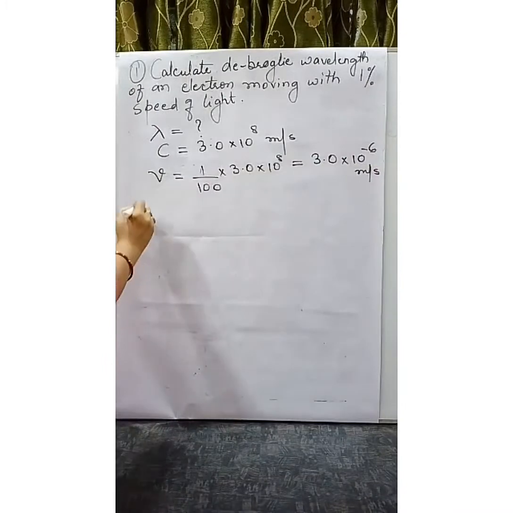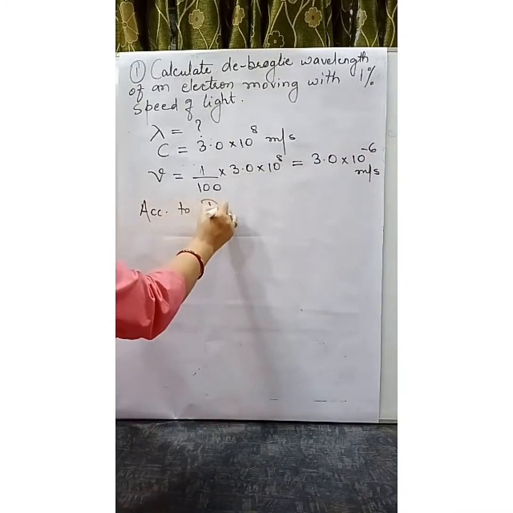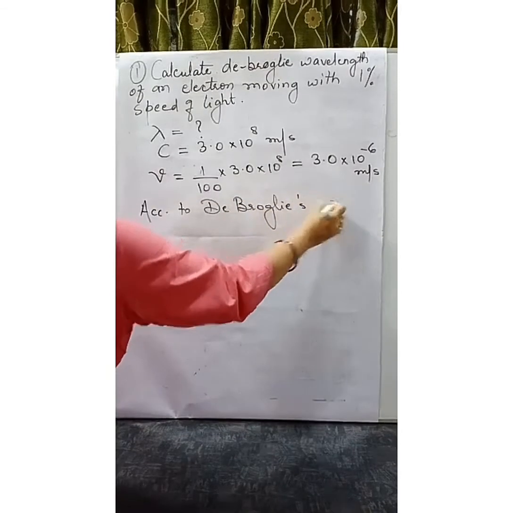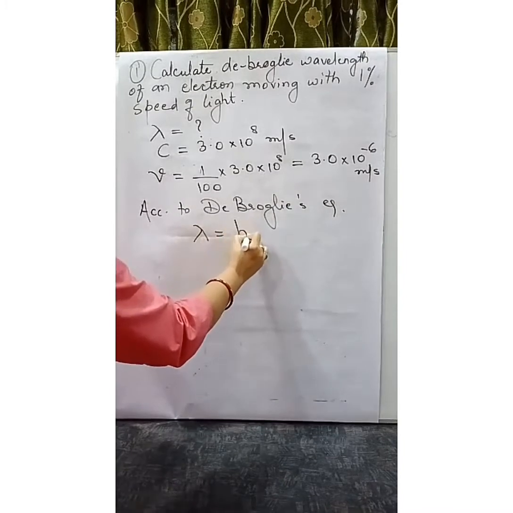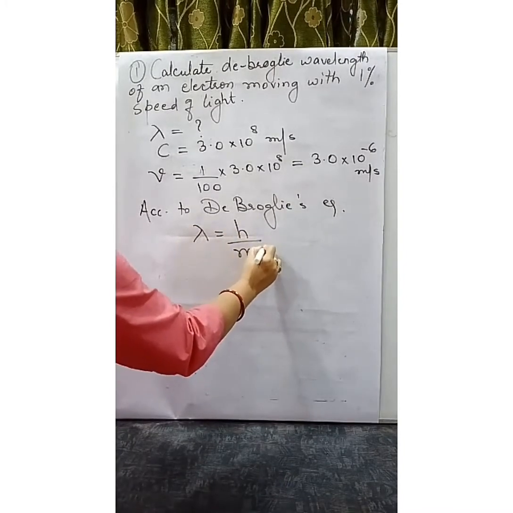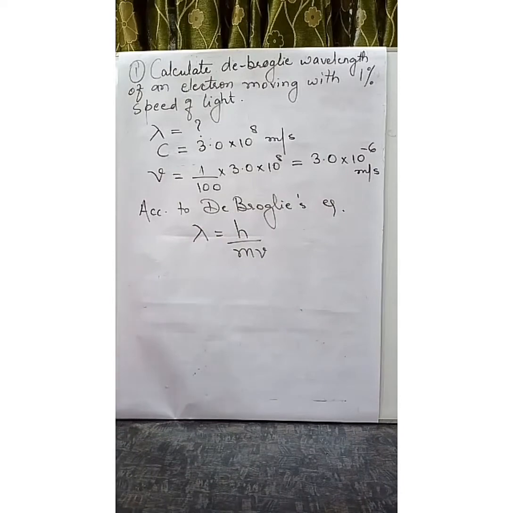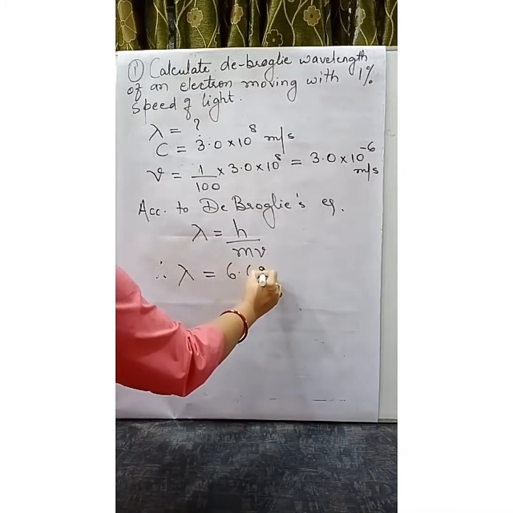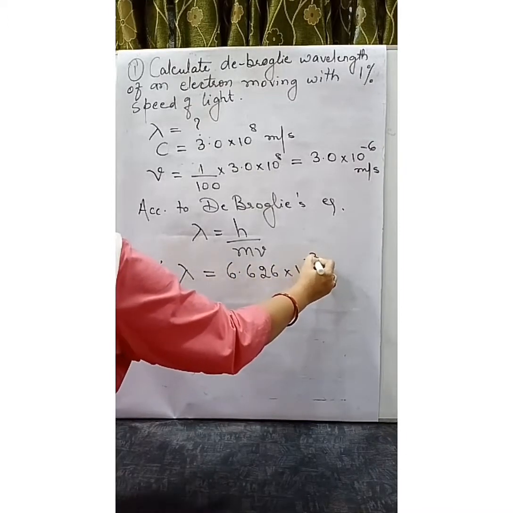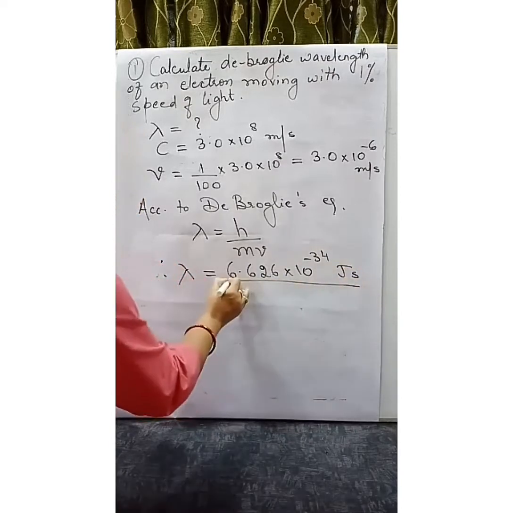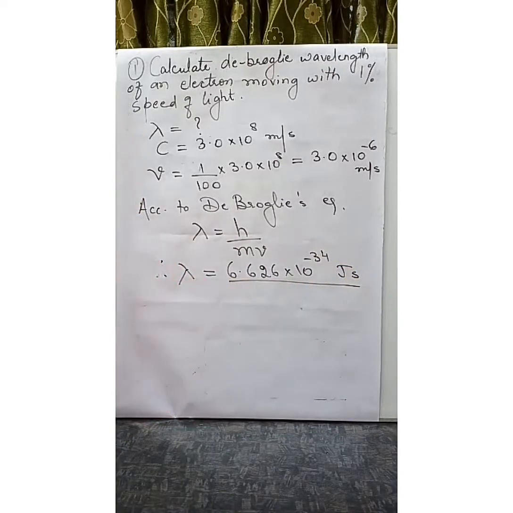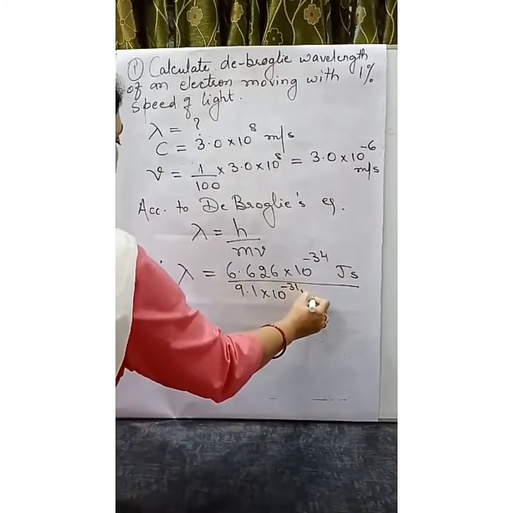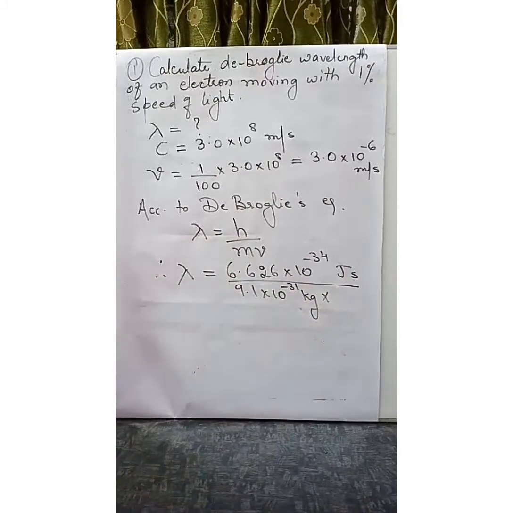the velocity. According to de Broglie's equation, lambda is equal to h upon mv, mass of the electron into its velocity. Therefore, lambda is equal to h, which is 6.626 into 10 to the power minus 34 joule second, upon the mass of electron, 9.1 into 10 to the power minus 31 kg, into velocity.